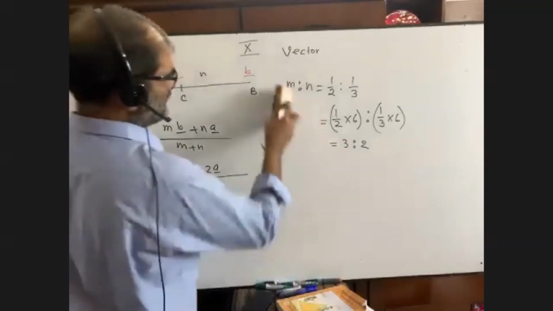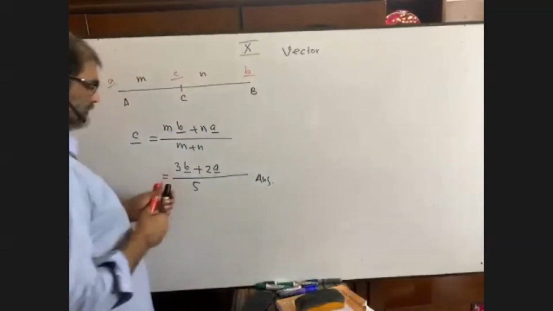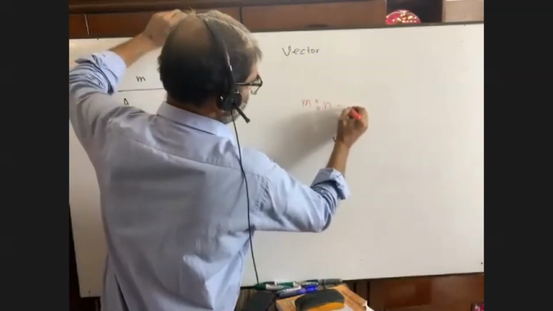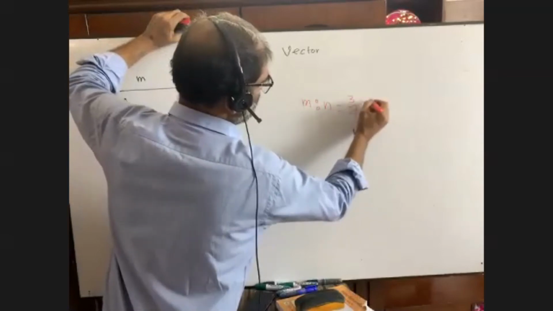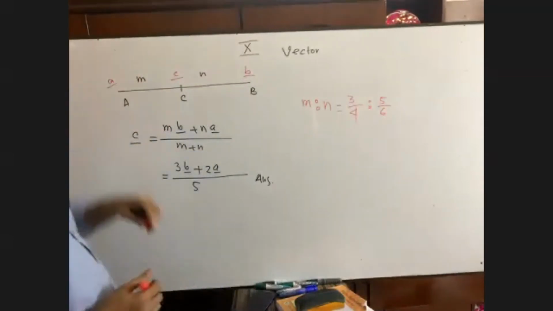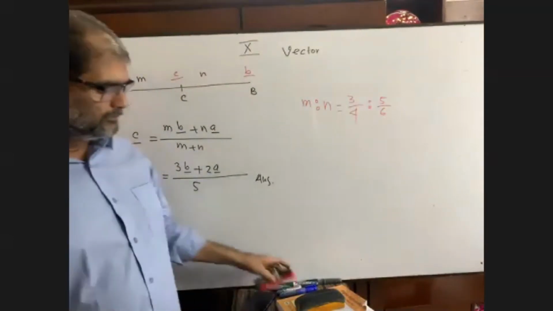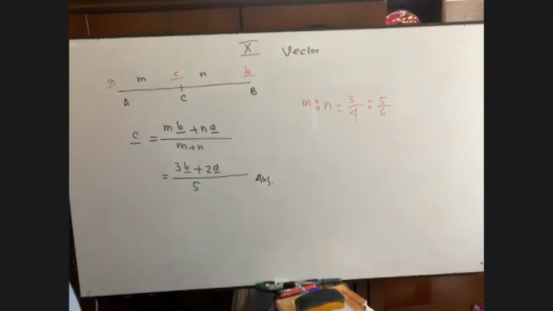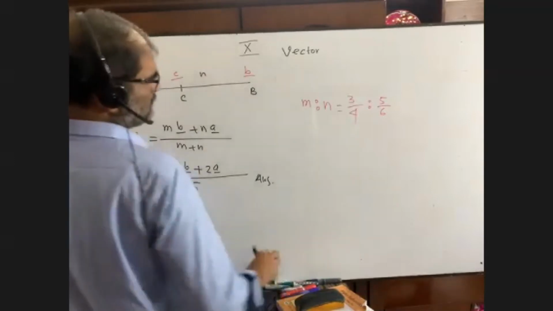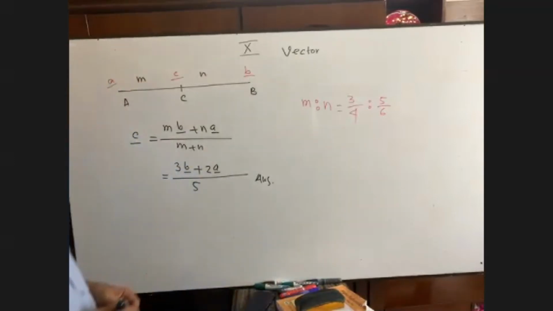But the math is given like this. M is to N is given 3 by 4, 5 by 6. Do it. What is LCM of 4 or 6?